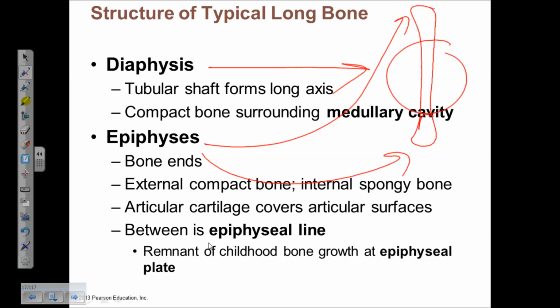Now I want to ask you, so first of all, this is the femur, okay? This part of the femur that is called head articulates with the acetabulum in the pelvis. This part, condyles, articulates with the tibia. This is epiphysis and this is epiphysis.